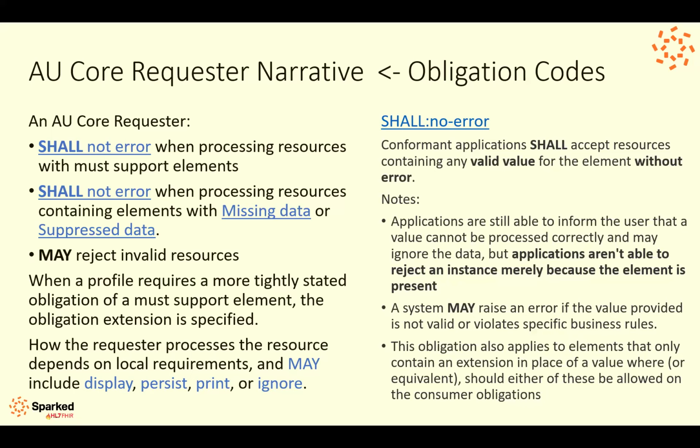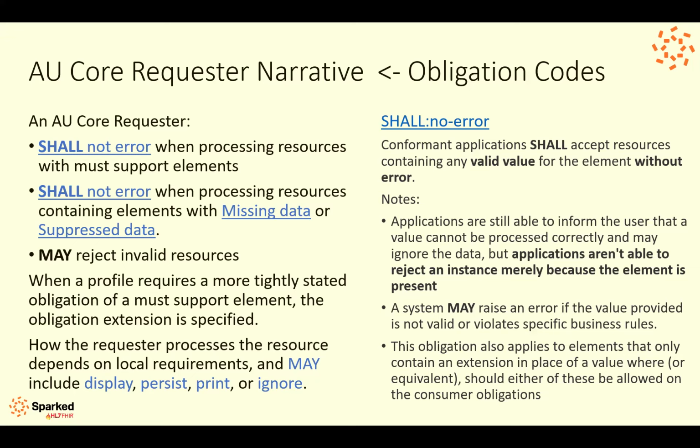So thinking of this as the rejecting element, I'm a requester. I've received a resource. The resource includes an element which has must support on it, which I'm unable to process, which I have some problems with. So I'm not able to say this resource is unprocessable. I will just fail to process it and not present it to my downstream services.